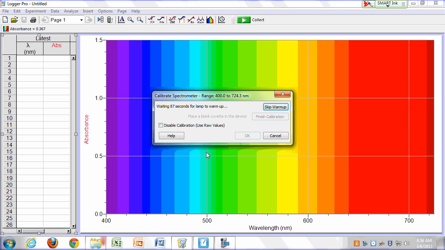It's warming up. It's going to be a while. 90 seconds to warm up. You notice the phenolphthalein fading? Slightly. And by the time this is done warming up, it will have faded.